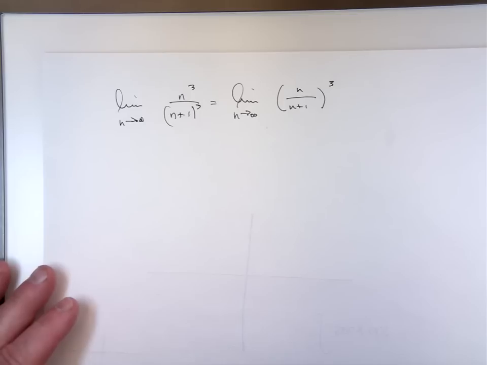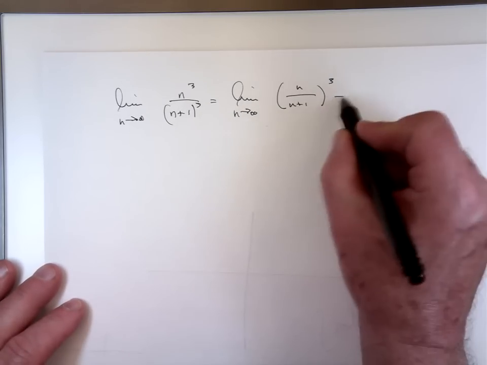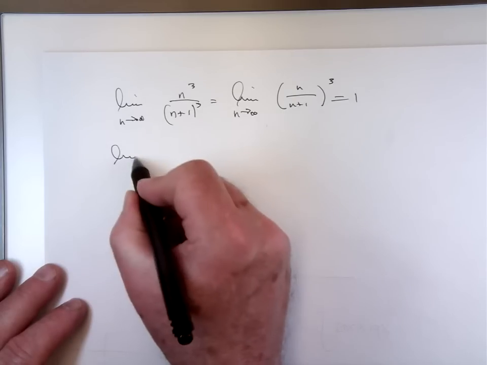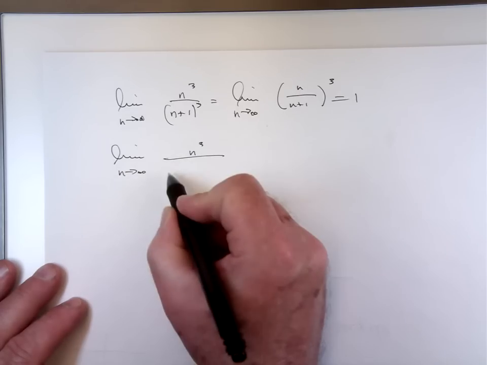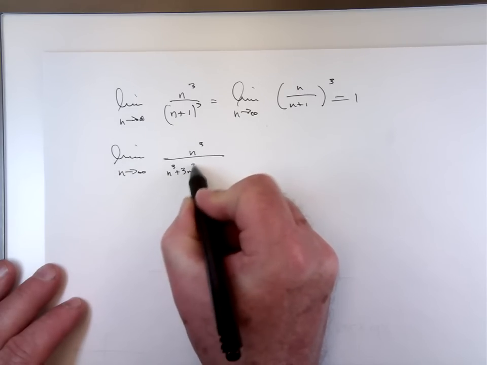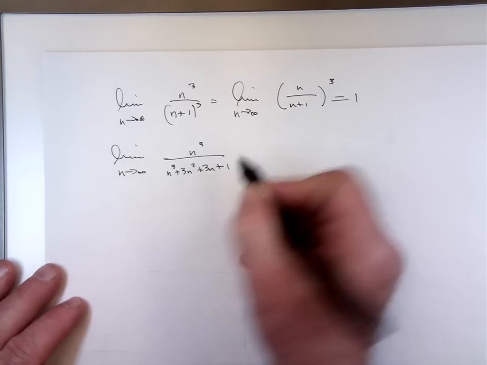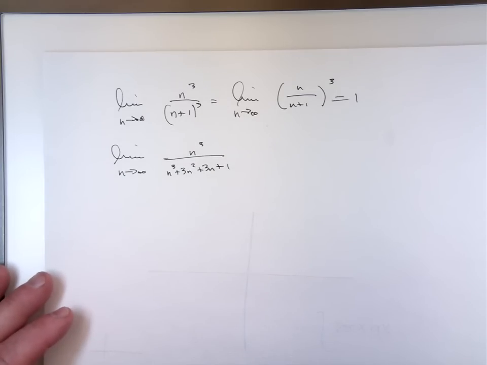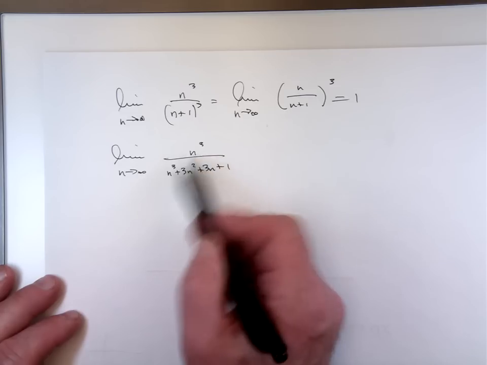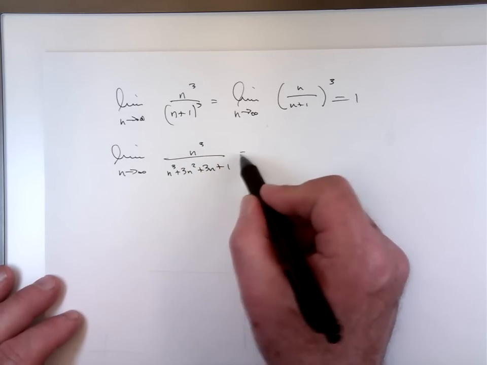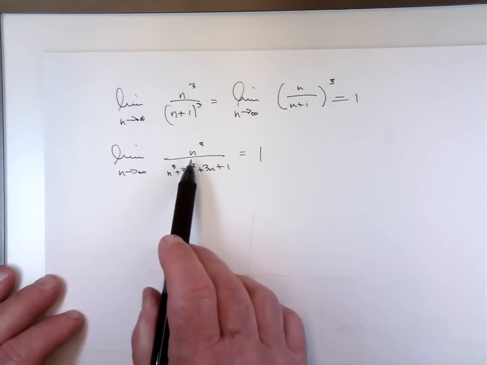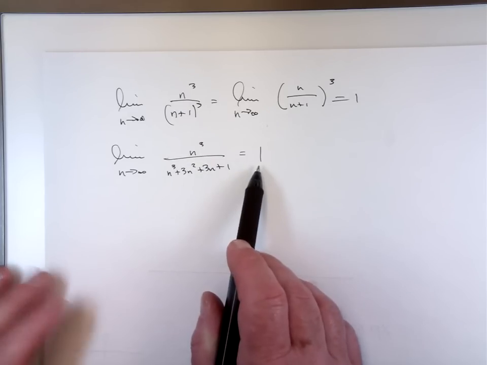And n over n plus 1 goes to 1, and 1 cubed is 1. Or you could look at it this way. When you multiply this out, this is what you get. These are the same degree, and the ratio of their leading coefficients is 1. So that limit's 1.